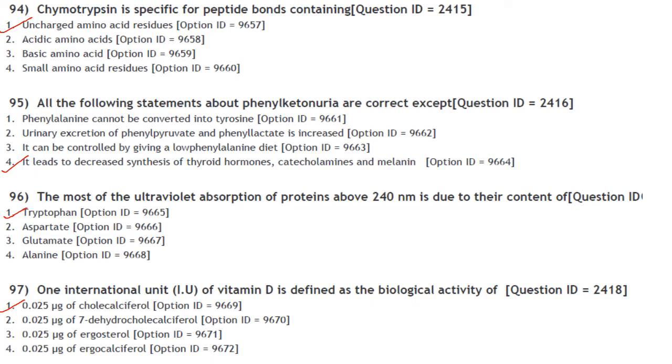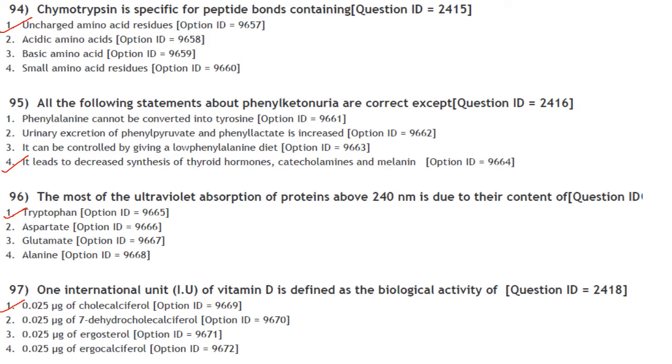So phenylalanine cannot be converted into tyrosine, that is correct. Urinary excretion of phenylpyruvate and phenyllactate is increased? Yes. It can be controlled by giving a low phenylalanine diet. Yes, that is also correct. It leads to decreased synthesis of thyroid hormone, catecholamine, melanin. That is not correct. So that is the answer.